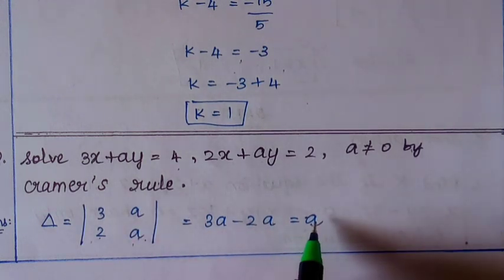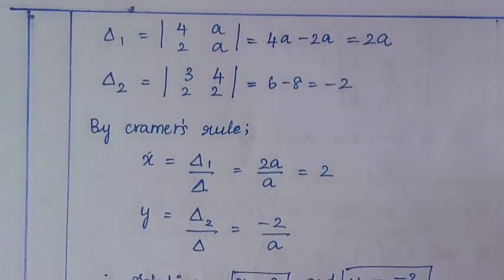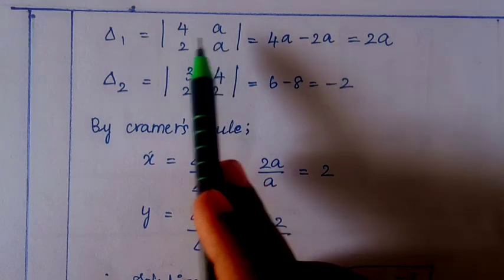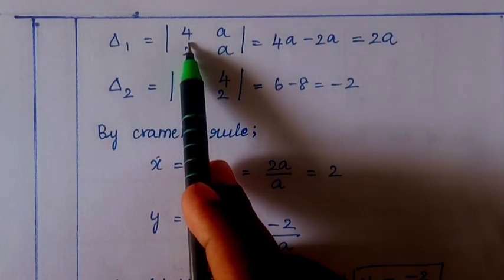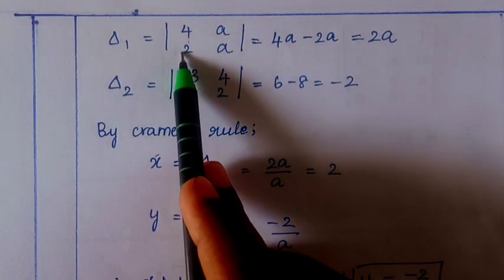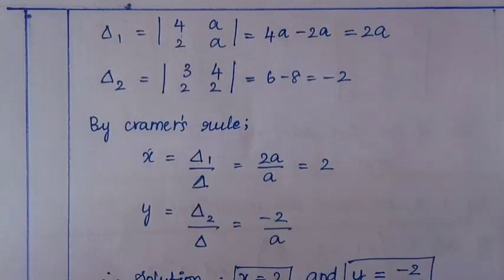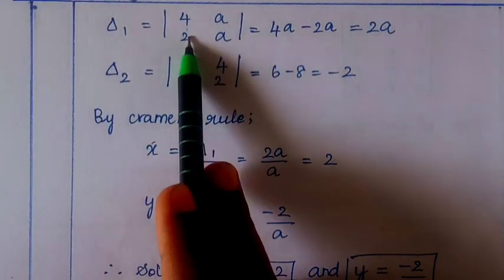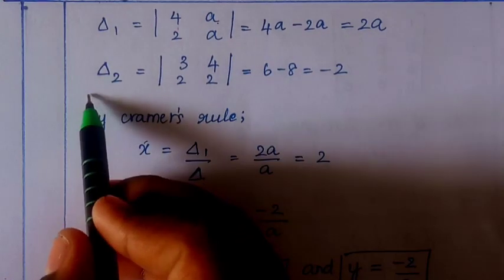So I have written 1a. Then in the constants we have 3x plus ay is equal to 4, and 2x plus ay is equal to 2. So delta 1 is 4, a, 2, a, and again multiplying: 4a minus 2a is 2a.